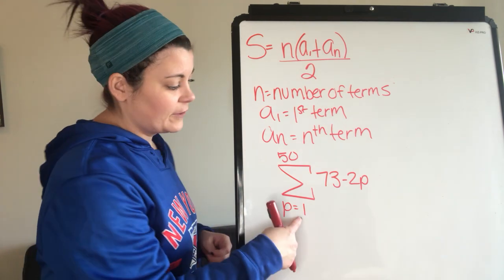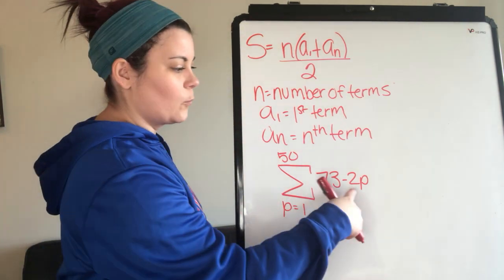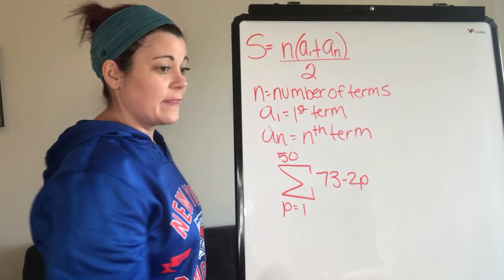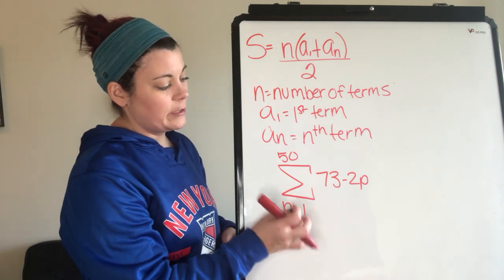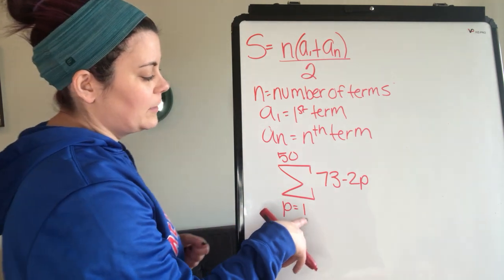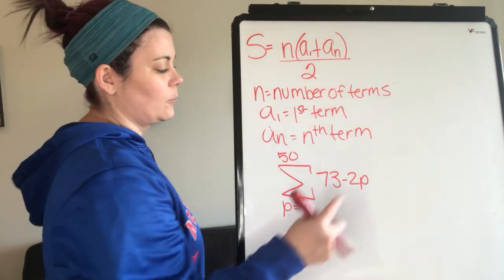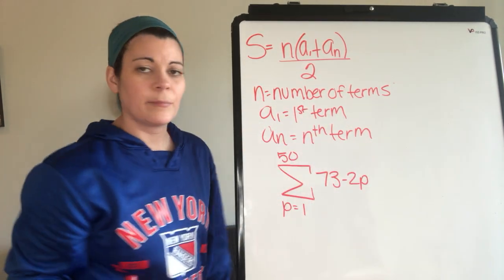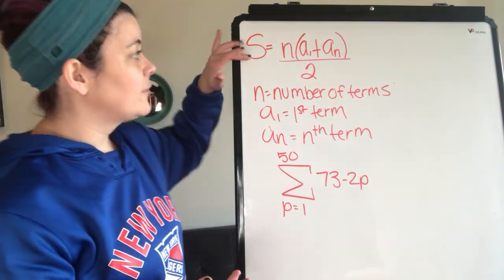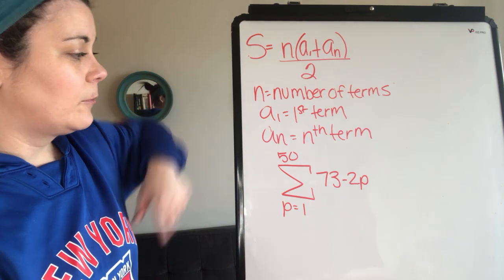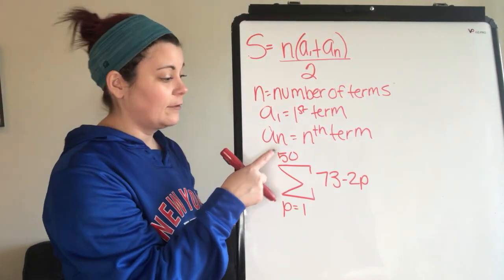So it starts at the first term and it goes to 50. So we plug in 1 for p, and then plug in 50 for p, and we'll find the first and the last number. But for the sum, we need to know the number of terms. Well, we know the number of terms is 50, because that's what this represents right here.